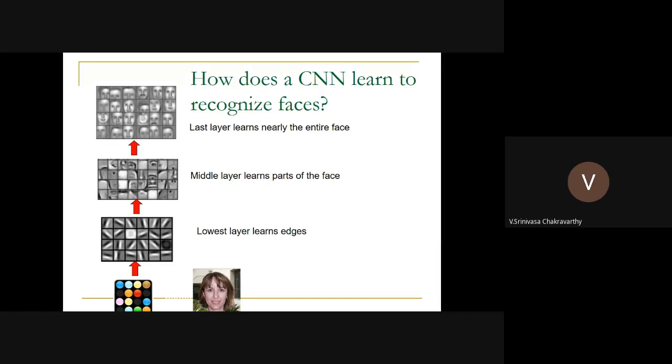Now, if you go to a higher, slightly middle layer, you will find neurons respond optimally to certain parts of a face. So this is a CNN that is trained on face recognition. And then if you go to a higher level, maybe the penultimate layer, the last hidden layer, you will find neurons responding to entire faces. There again, you will find neurons responding to a whole class of faces.